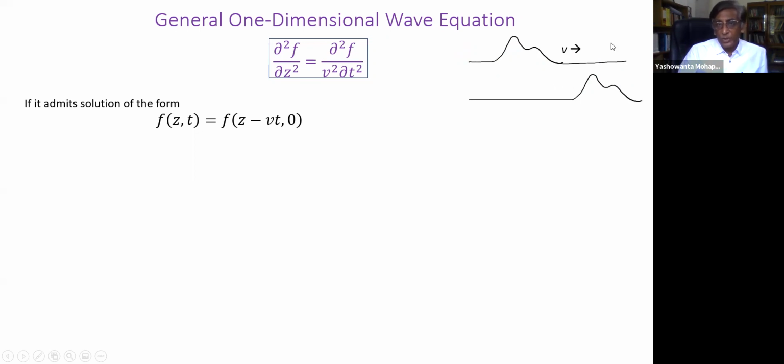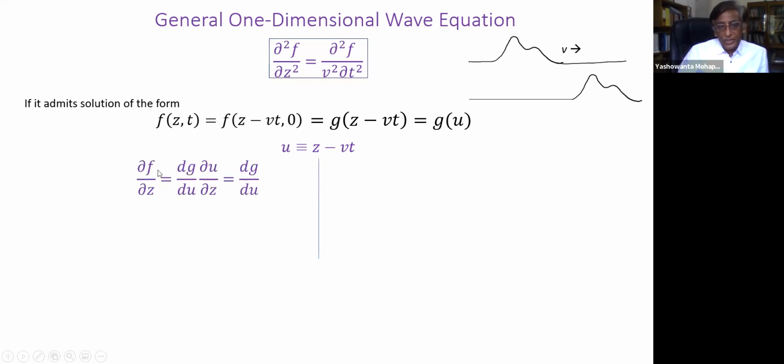So remember, we're talking about shape-preserving constant speed waves. Then this shape I can write as g of z minus vt, and I define this as g of u, so u is z minus vt. As I said, this is the most special combination, and let's keep that at the center of our focus.